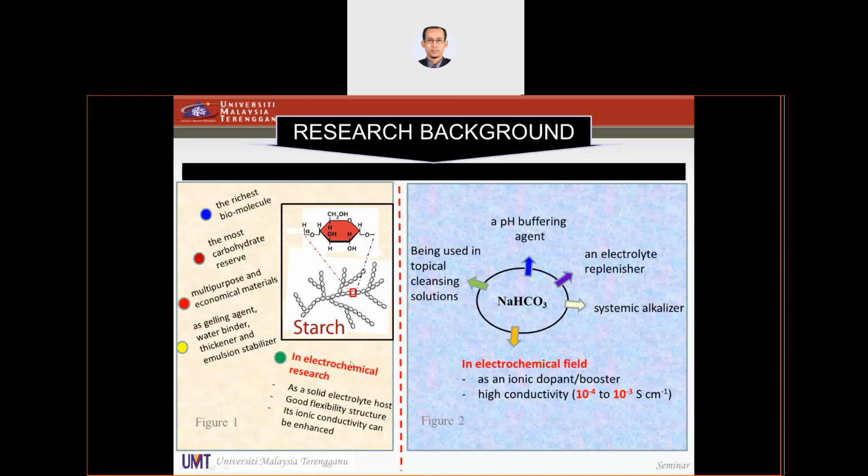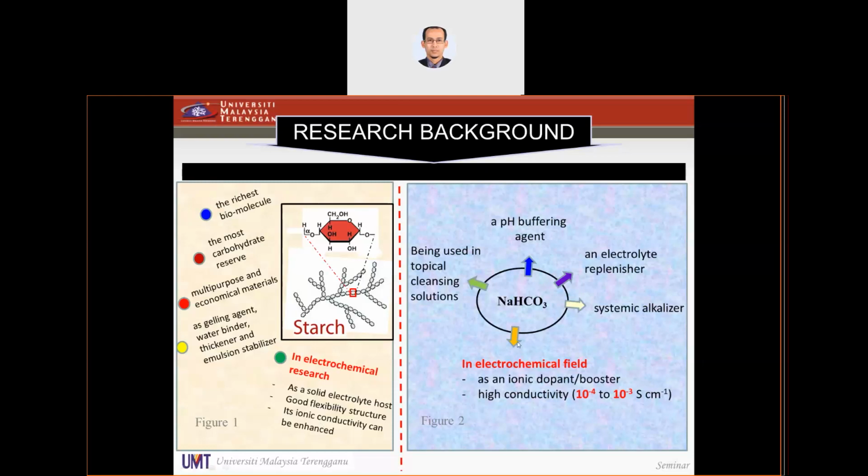In electrochemical research work, this water-soluble polymer has been utilized as a solid electrolyte host due to its flexible structure, and its ionic conductivity in a closed system can be enhanced by adding selected ionic salts.